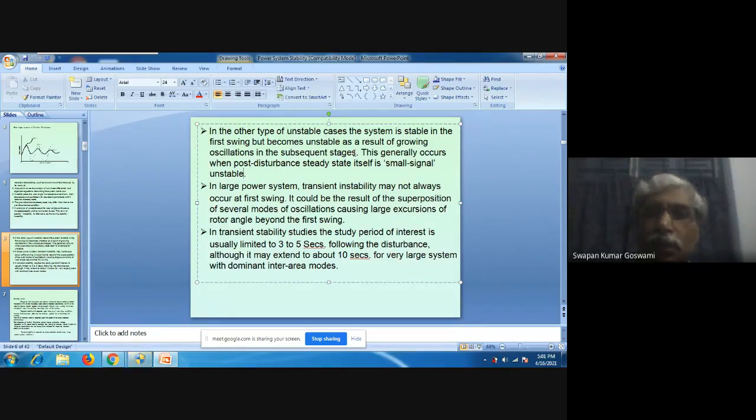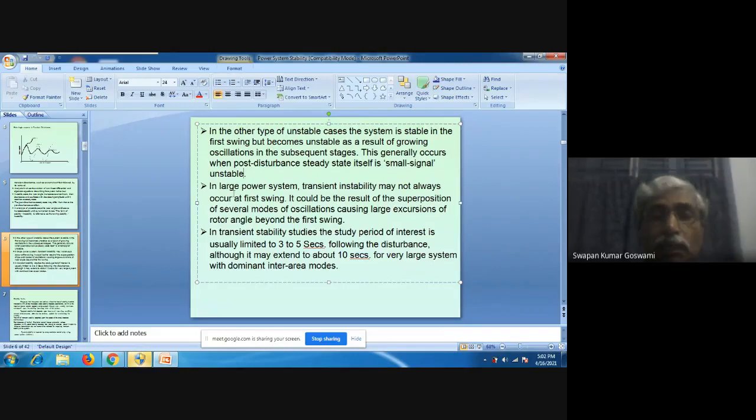And if the system becomes unstable due to small disturbances, we can say that the system is dynamically unstable. Okay, so after the first swing, the system could have reached a steady state situation where the next steady state is actually dynamically unstable. This is the indication of this type of swing.